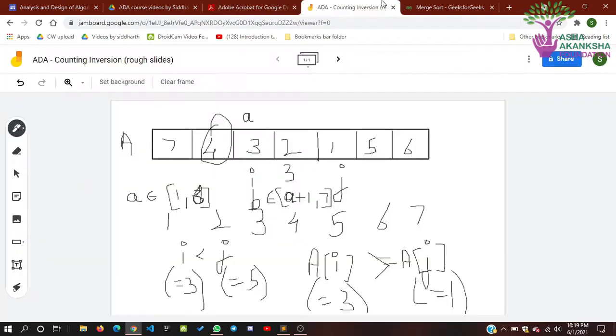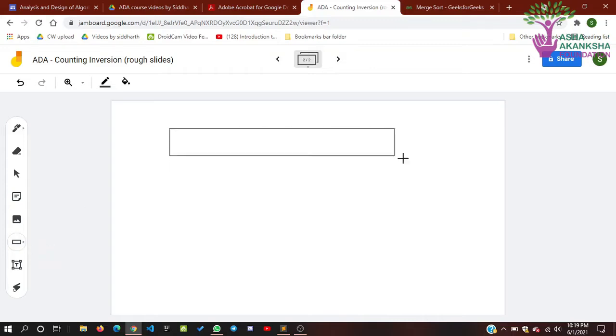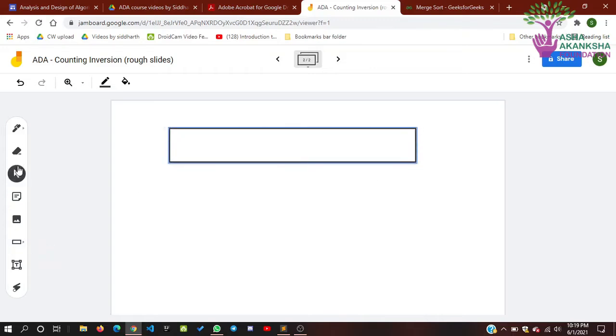How do we apply divide and conquer? Suppose the size of the array was n. We will divide it into two equal halves, n by 2 and n by 2.